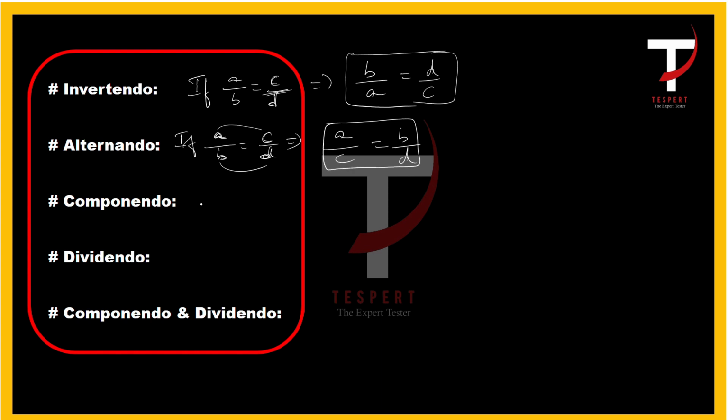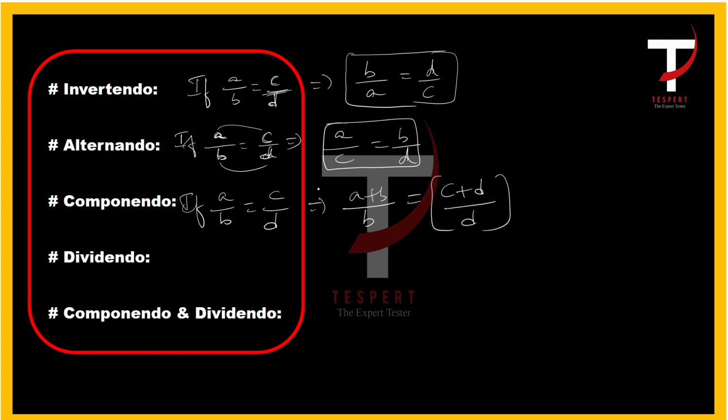What is meant by componendo? If A by B is equal to C by D, then A plus B by B is equal to C plus D by D, right? What is dividendo?